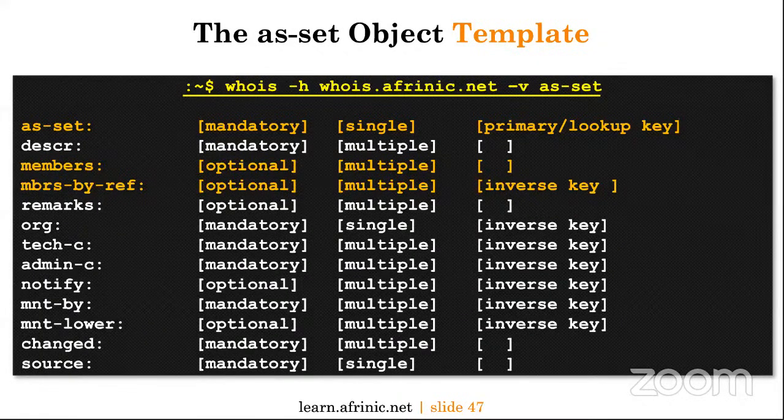Okay, so in the members section, you will have other ASs defined there. You can see here it is multiple, so you can put multiple values there. And then the mbrs-by-ref also, which is a multiple value, you put the maintainers of aut-nums that you want to include in this set. We will see examples of that shortly.